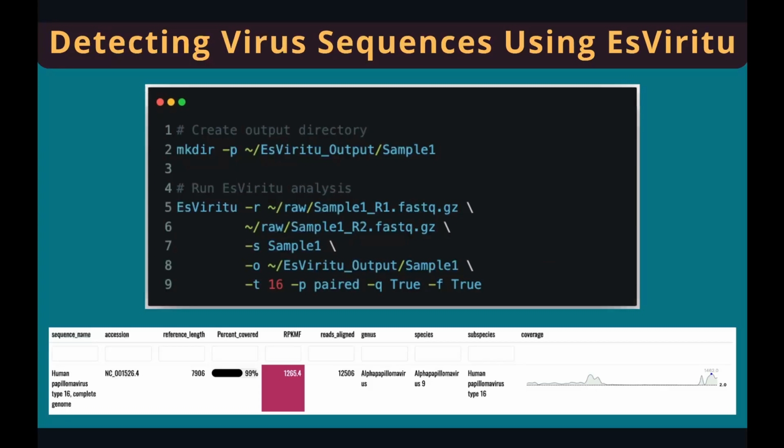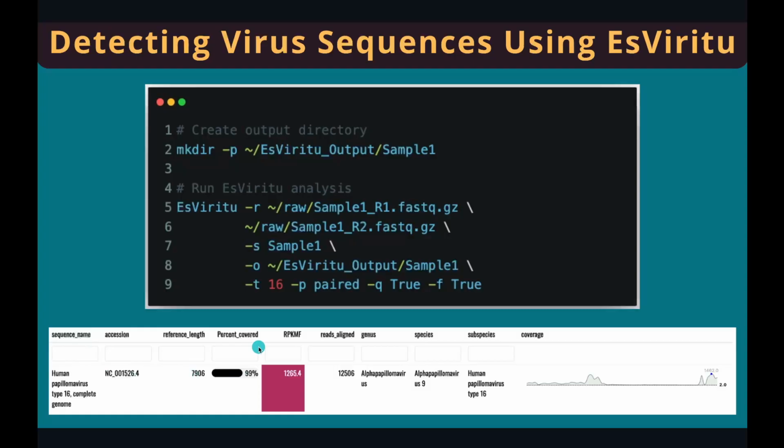And that's it. The results will be stored in an HTML file and a text file. The HTML file is the interactive file. Hovering your cursor on the file will show the details. So here's the output format. The first column shows you which viruses you have identified.